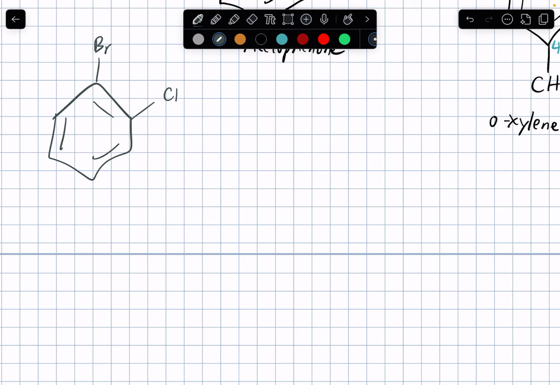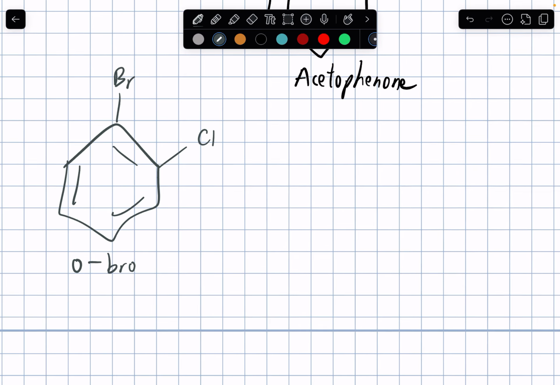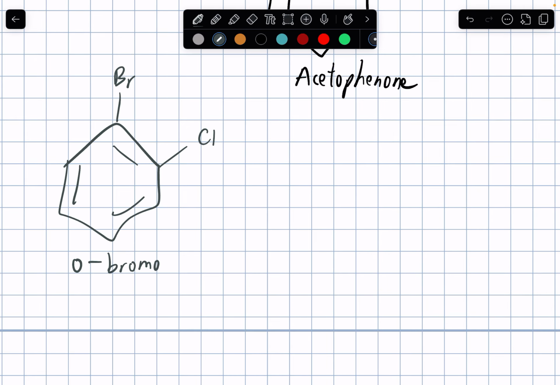So when we name this, they are ortho to each other, no? 1, 2. So ortho, and then by alphabet, bromine comes first. O-bromochlorobenzene.